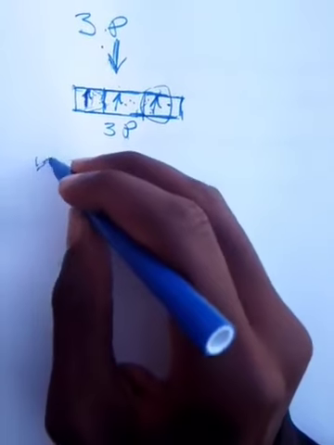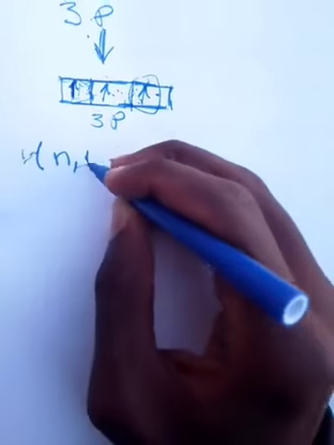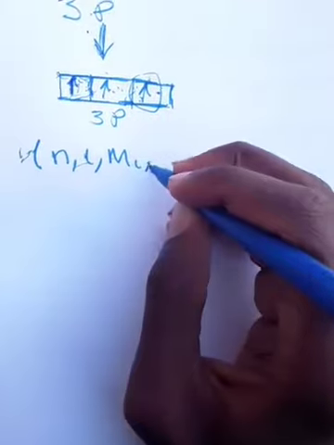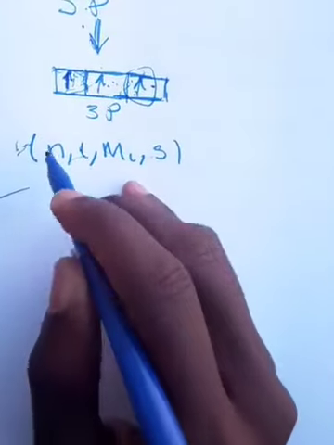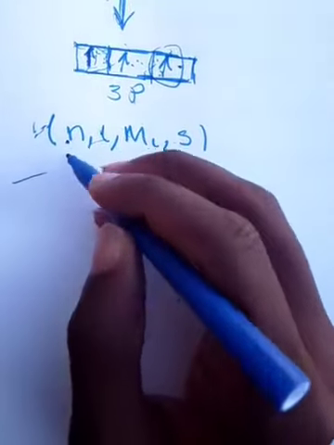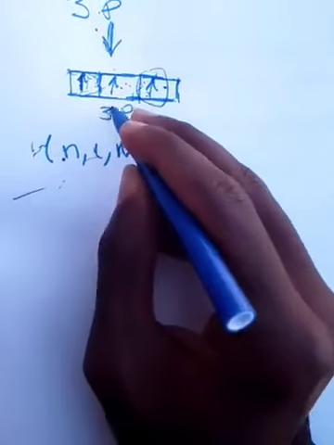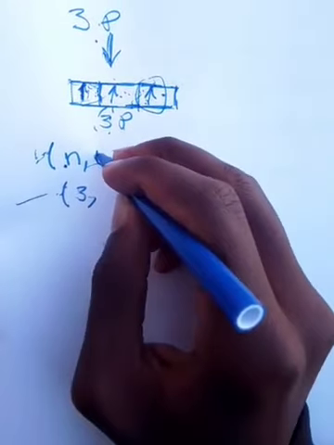You follow this format: n, l, ml, and s. First start with the shell, the principal number, which is in front here. So no need to think too much, just write 3, comma. Then l.